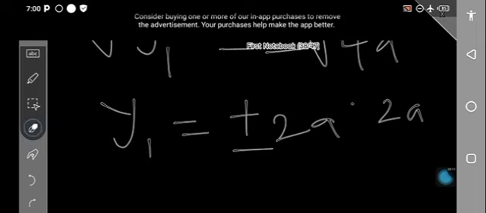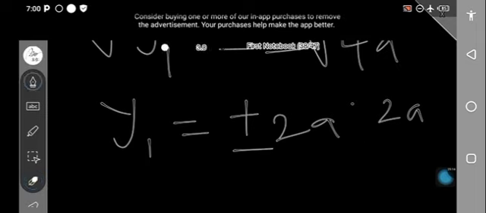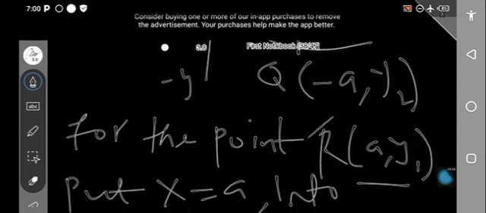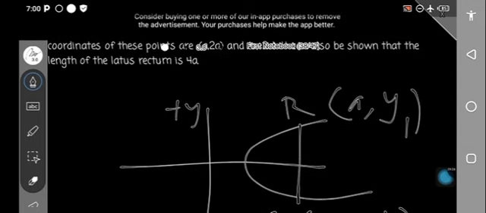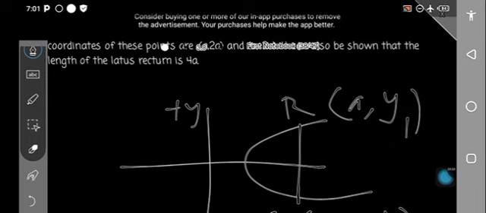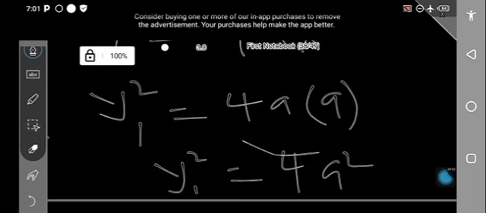Sorry, I need to write this. And we have minus 2a. So now, because of where this point R is, we expect that y1 will be positive, right? So that means we are going to take the positive value.